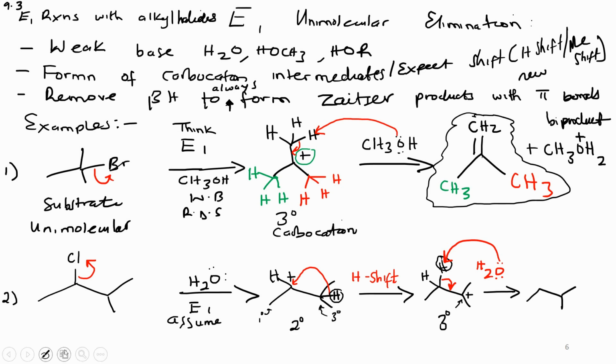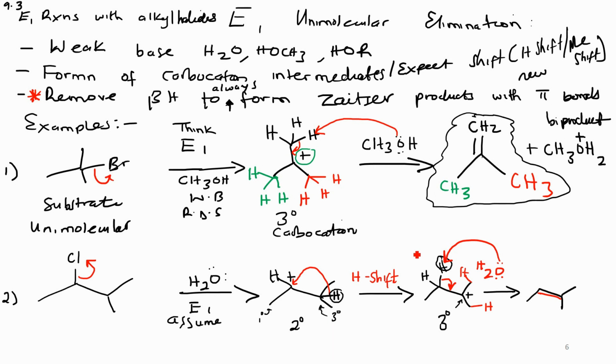Okay, so you get a double bond. Notice that you have other beta hydrogens, but I chose to take out the one that's sitting on the most saturated carbon, because for E1 you should always, no matter what, remove beta hydrogens that are available to form the Zaitsev product, unless those beta hydrogens are not there.